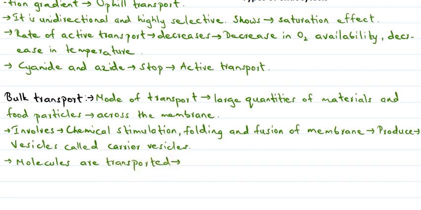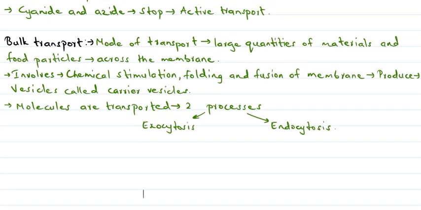One is called exocytosis, and the other process is called endocytosis. Now let's see what is exocytosis.